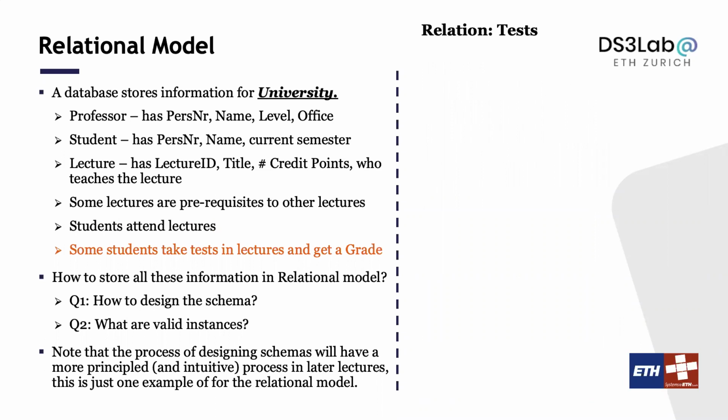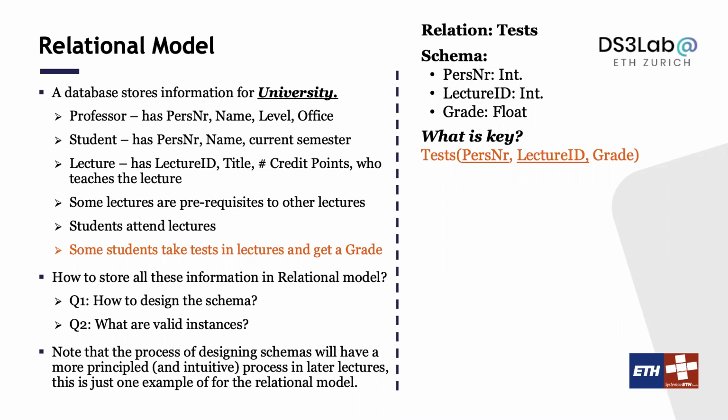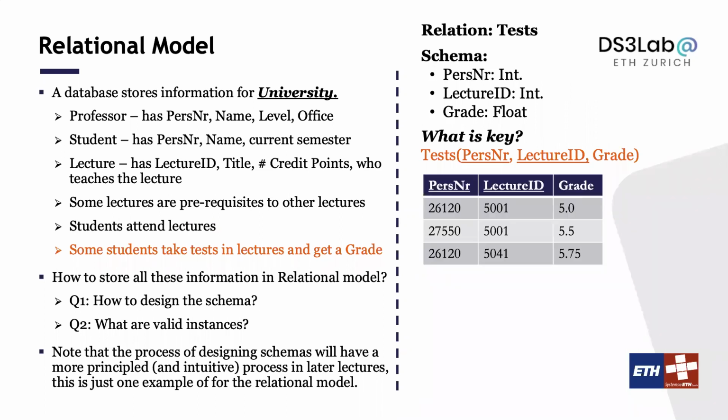So you can have students take tests. Here it is very similar. You have the personnel number of the students, you have the lecture ID, and you have the grade. You could have the key as the combination of the personnel number of the students and also the lecture ID. What's the implication of this?